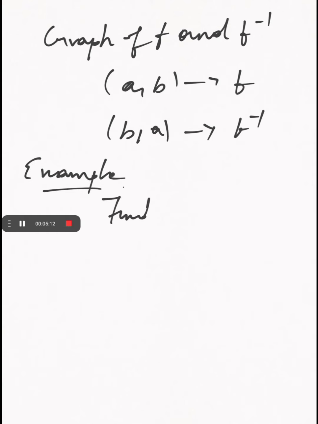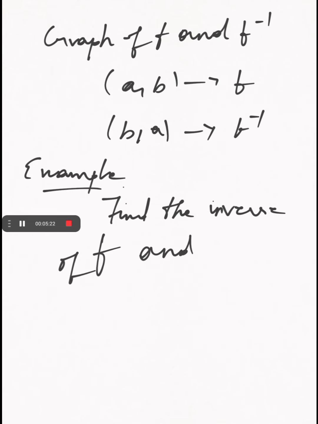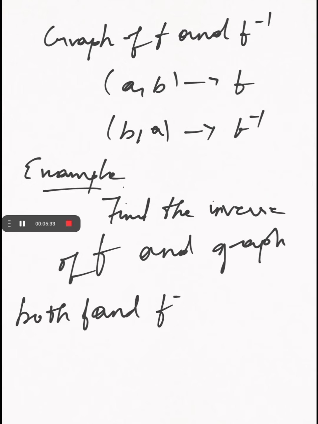Find the inverse of f and graph both f and f inverse.